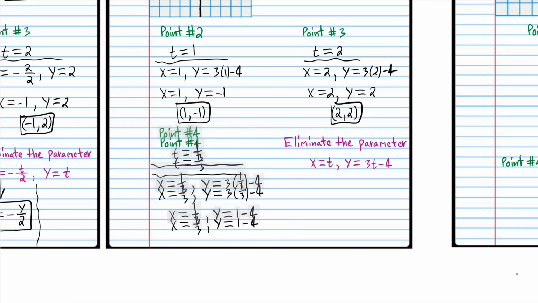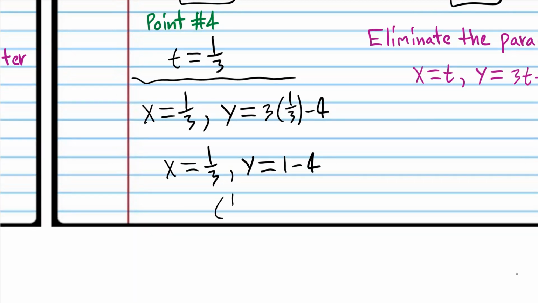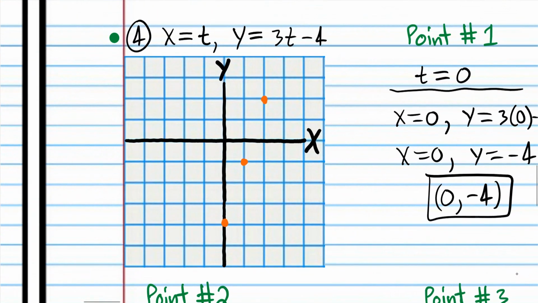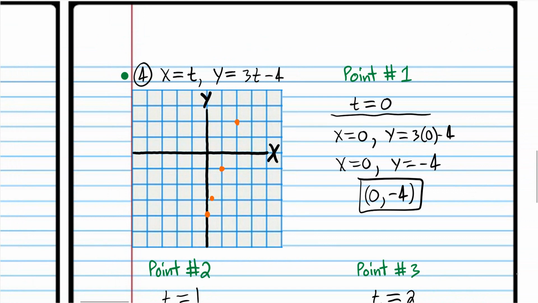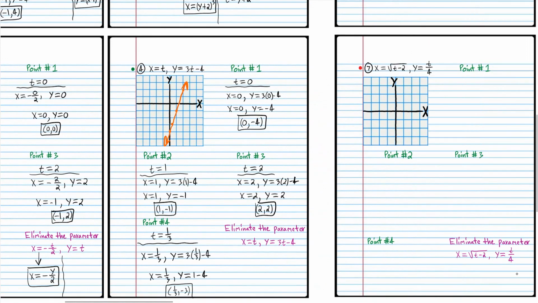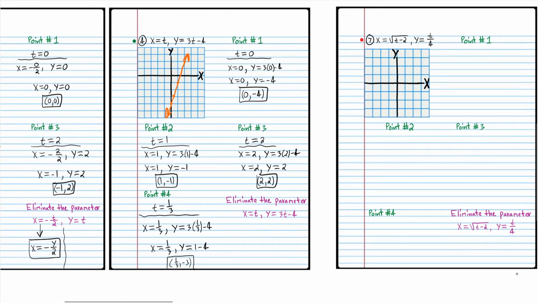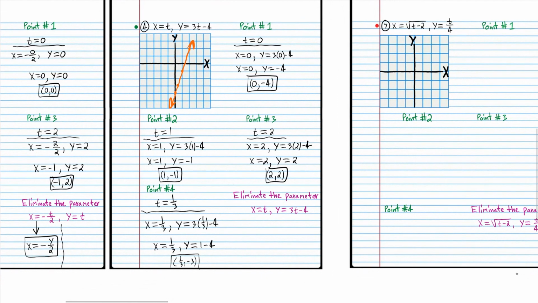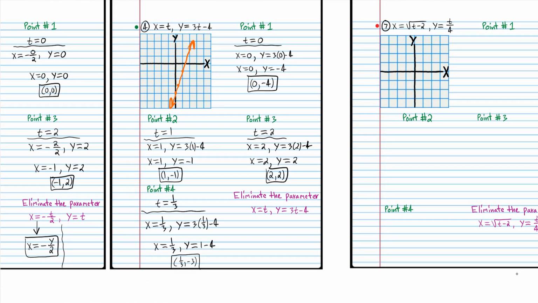And so that point would be 1/3, negative 3. So let's plot that, which will be about there. So again, you can see that this is obviously a line. So if you got that graph, good job. You may have chosen different points, but as long as your graph is correct, that's fine.